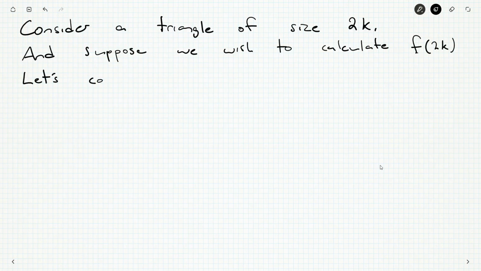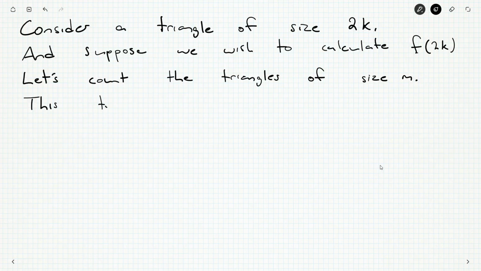Let's count the triangles of, let's say, size, we've used k, so let's say m. This triangle of size m is facing down, because that's what we're counting.